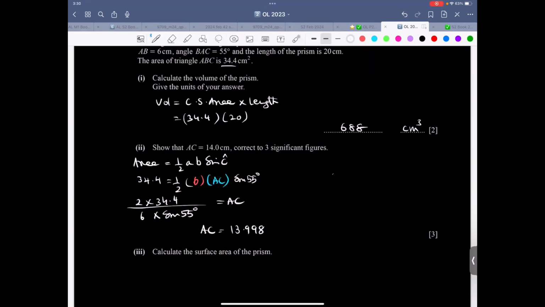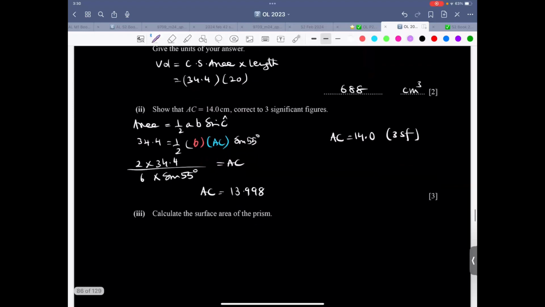But AC is 14.0, correct to 3 significant figures. If I want to use it in further calculation, use the unrounded value. So this is again from the examiner's perspective. At least 4 SF, if not more.